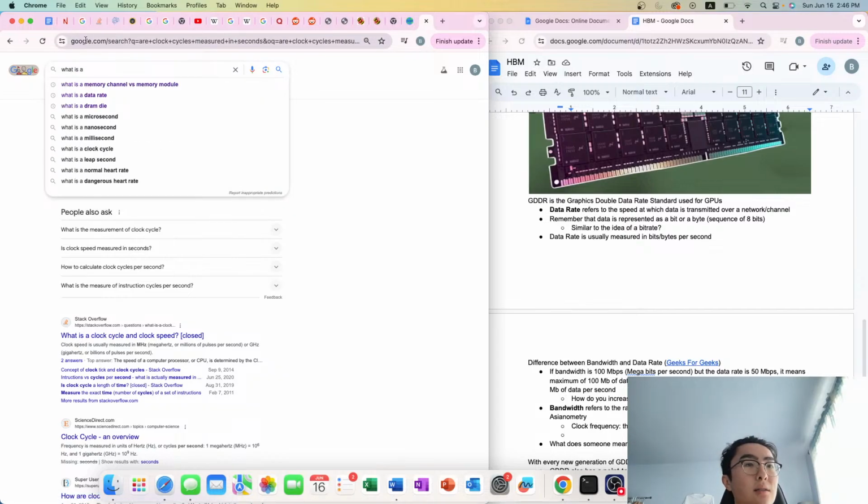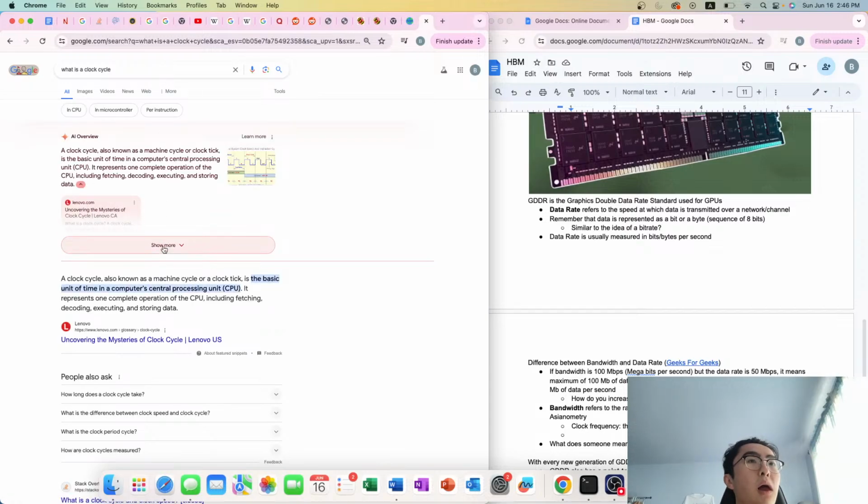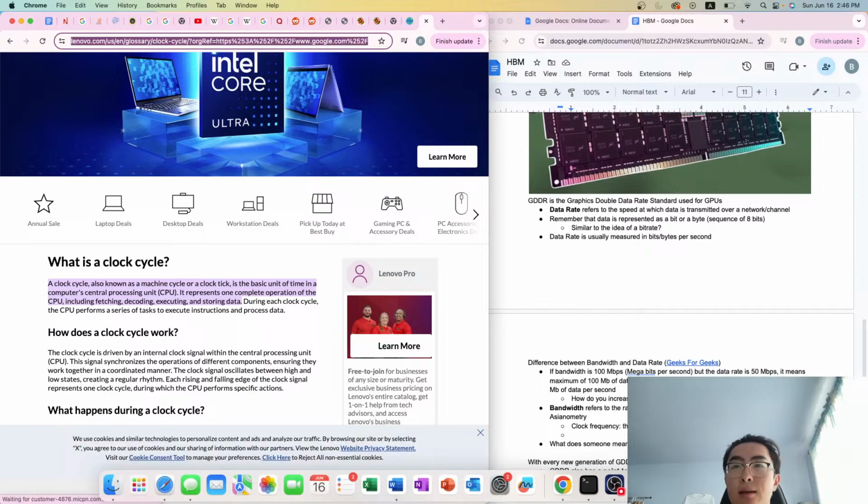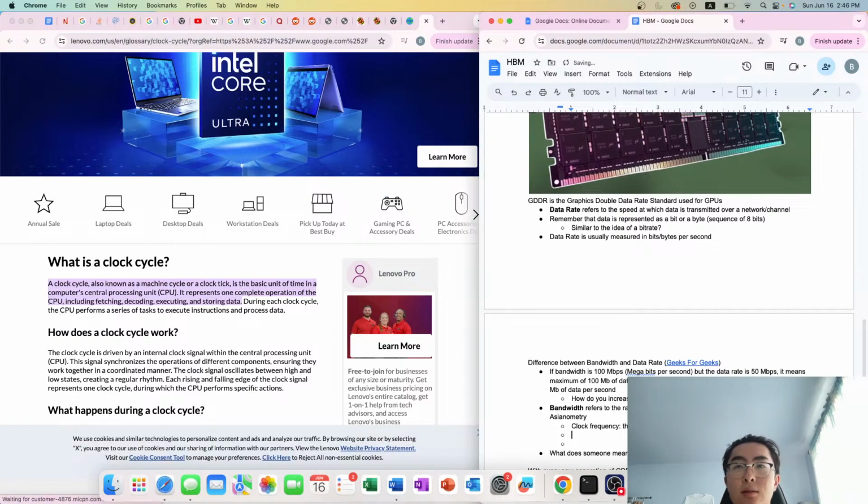What is a clock cycle then? A clock cycle is the basic unit of time in a CPU.